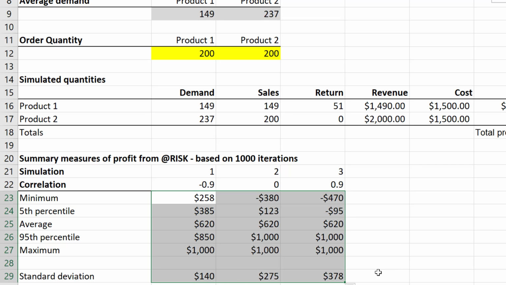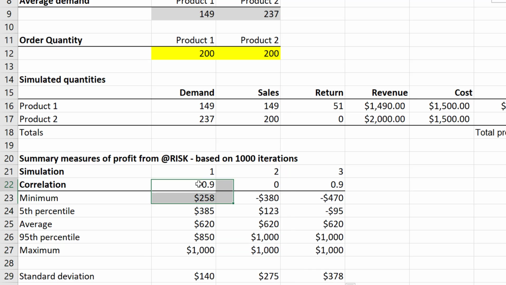And now we get the simulation results for the cases when highly negatively correlated, highly positively correlated, and then no correlation at all. So when they are negatively correlated, usually loss in one is made up by profits in another.